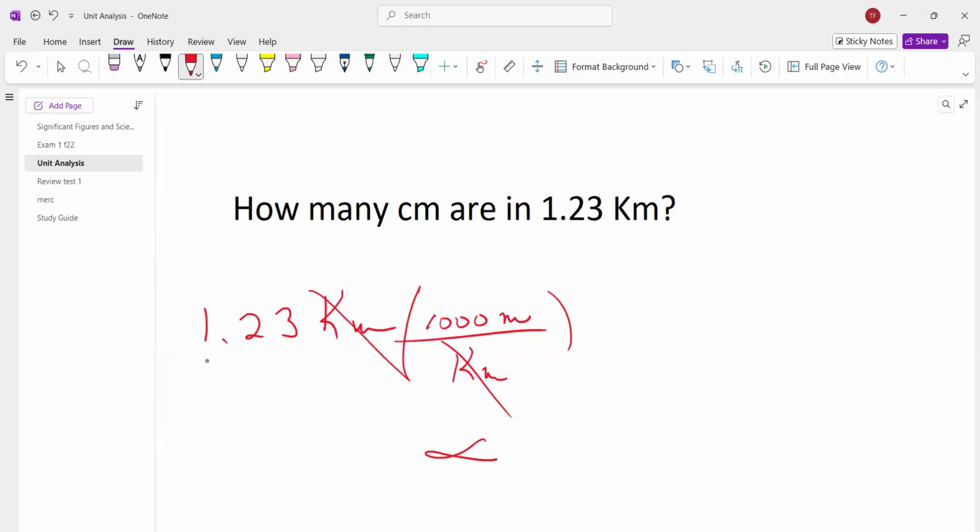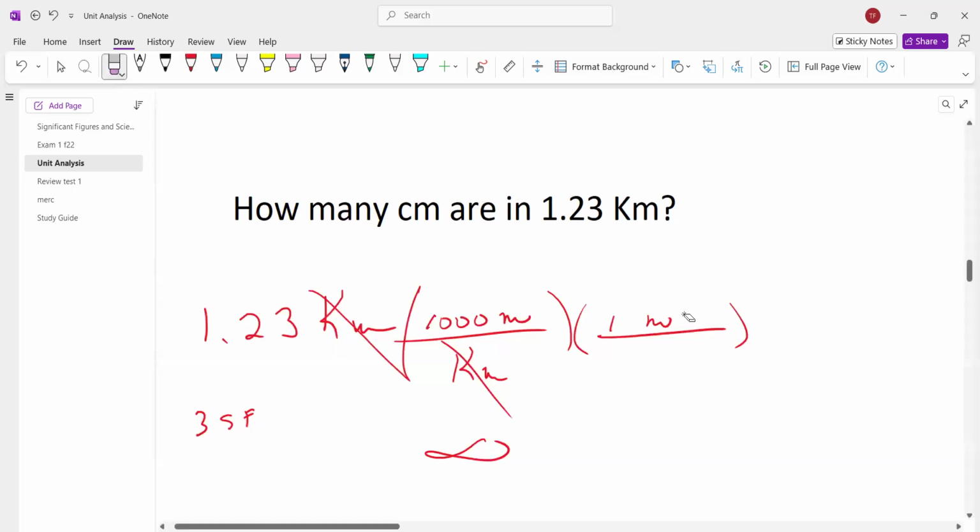That is, by definition, 1,000. Now we're at meters. Now we need to go to centimeters from here. How many centimeters are in a meter? 100. 100 cents to $1. So everything canceled except our centimeters.